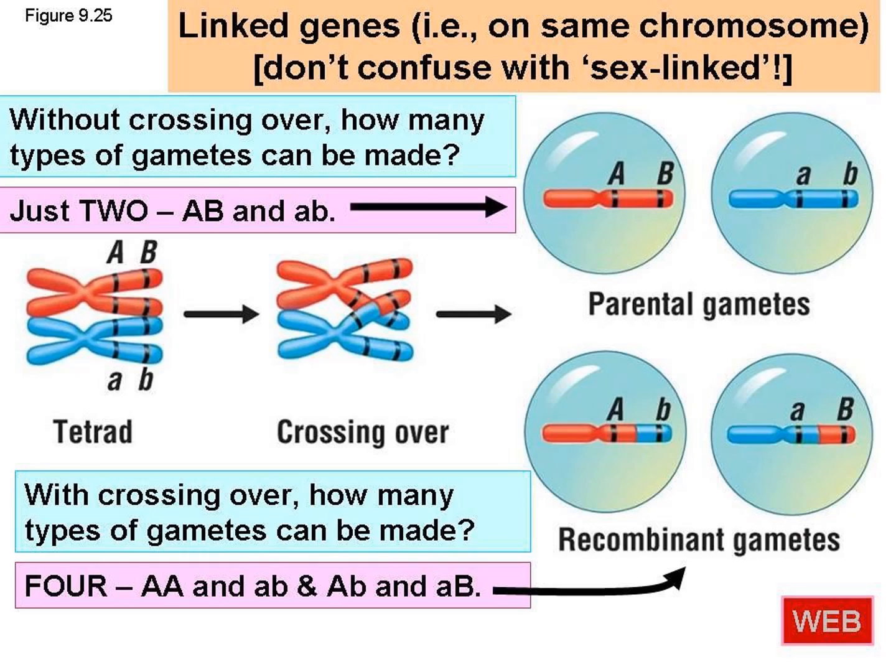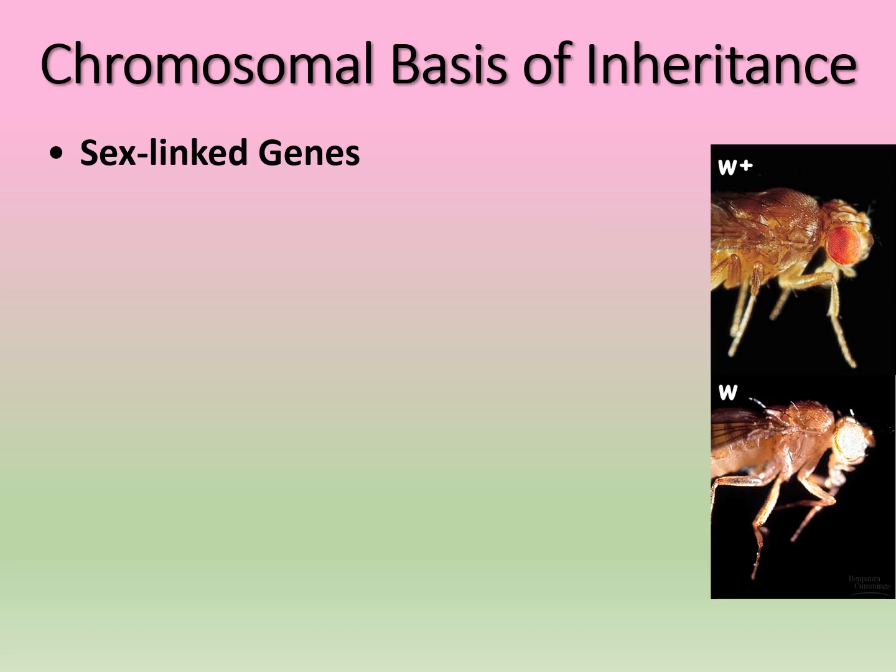Then we get our same 4 options, because we have now swapped the big A and the little a, and vice versa, however you want to think about it. You've swapped the two genetic materials, so now you're able to get your recombinant gametes, therefore you have 4 possible outcomes. Without crossing over, you only have 2 gametes. With crossing over, you have 4 gametes. This is just in the case of linked genes.